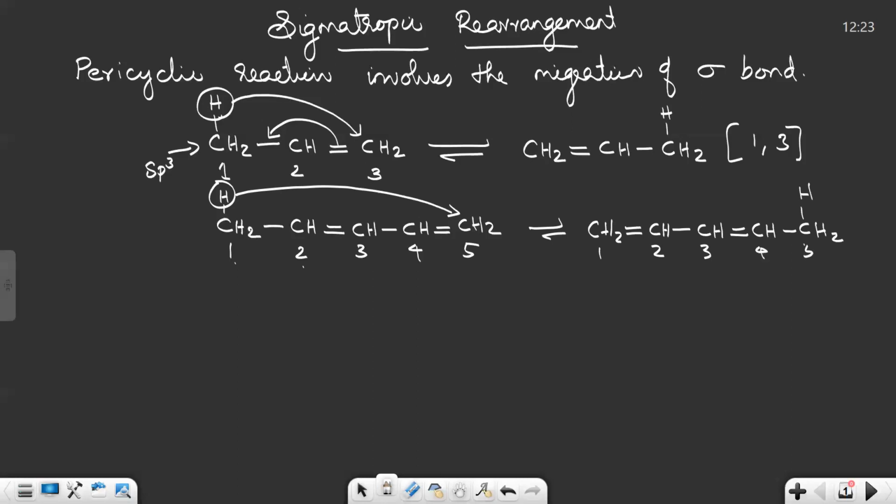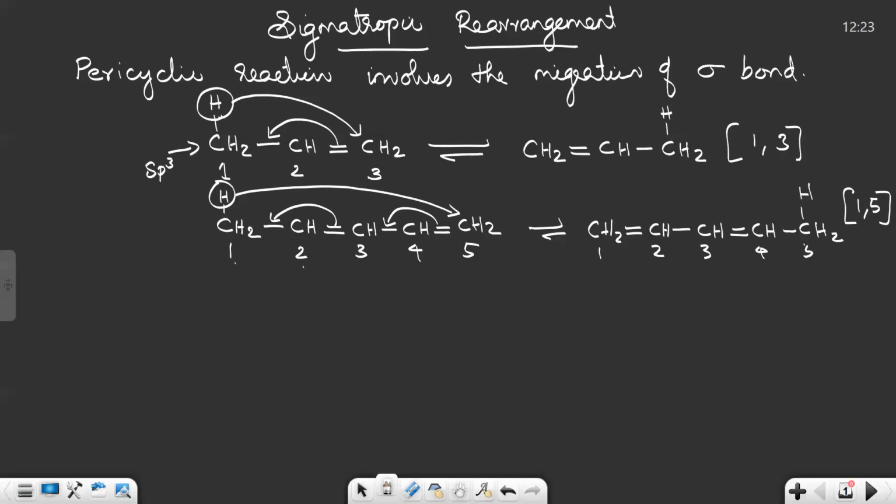So alternate double bonds and single bonds are coming, or these double bonds are shifted like this. Here the migration took place between the first carbon and the fifth carbon. This type of rearrangement is known as 1,5 sigmatropic rearrangement. A new sigma bond is formed on the fifth carbon. It was there on the first carbon, now it is there on the fifth carbon.